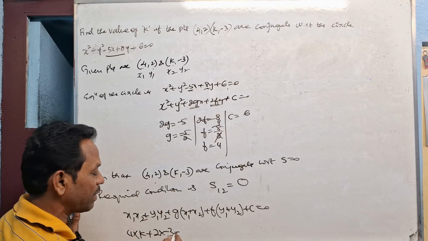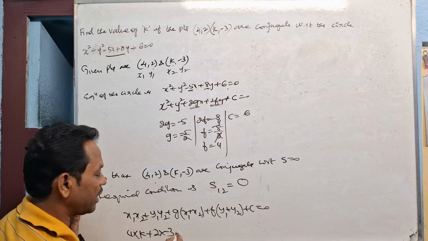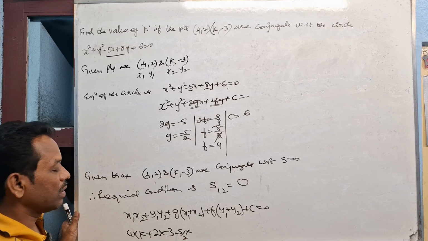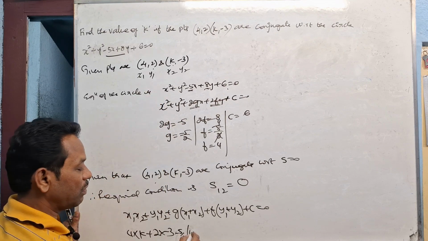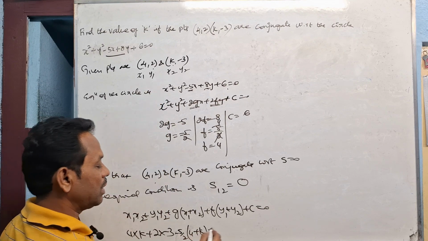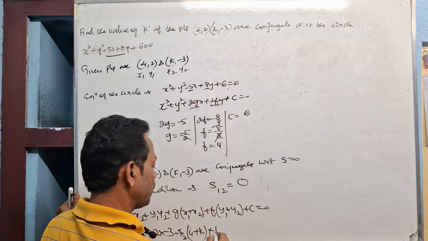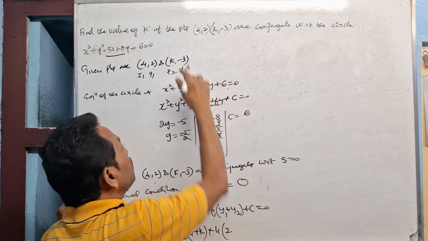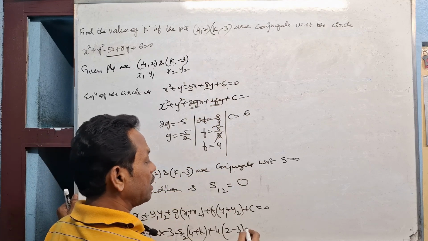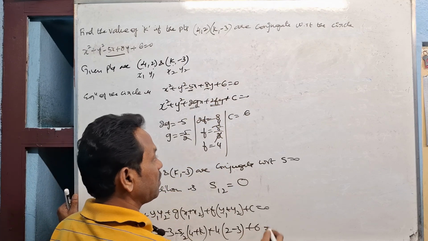So I'll take -5 by 2 into (4 plus k), plus the value of f is -5 by 2 into (y1 is 2, y2 is -3, so 2 minus 3) plus 6 equal to 0.